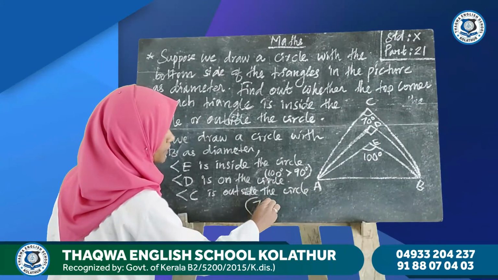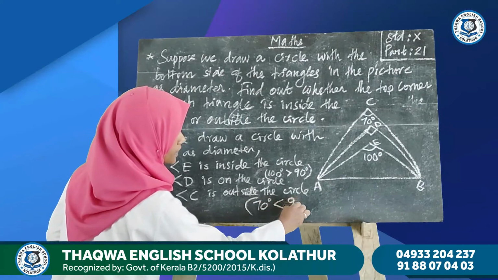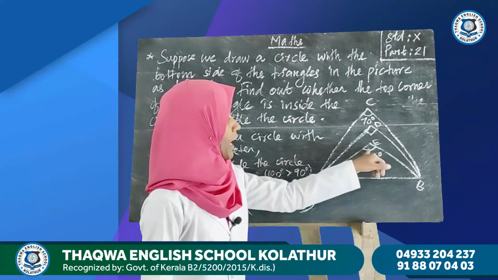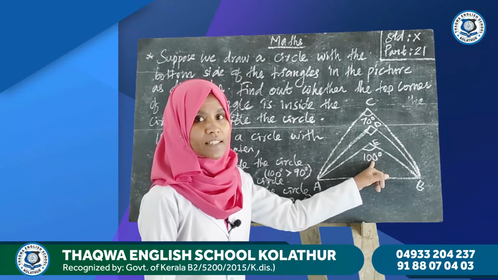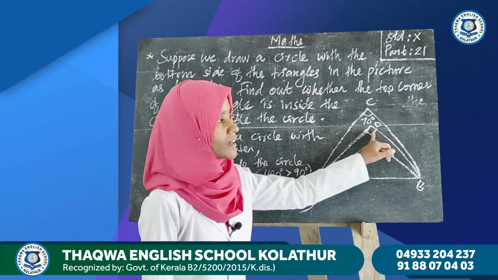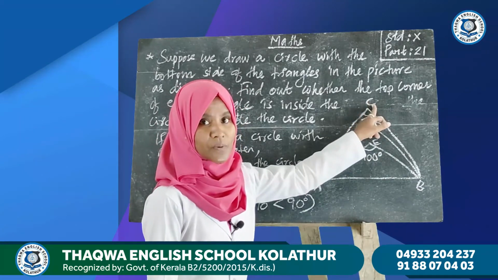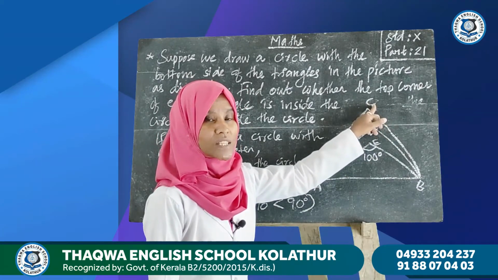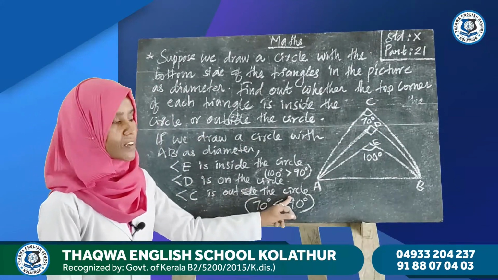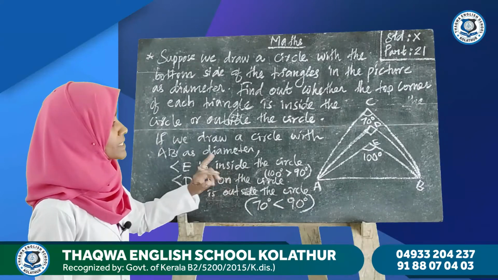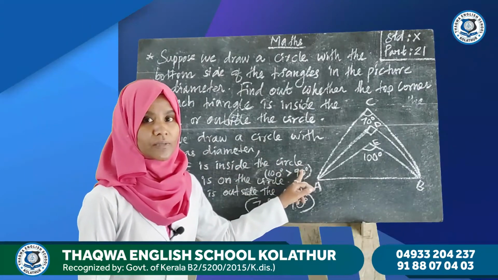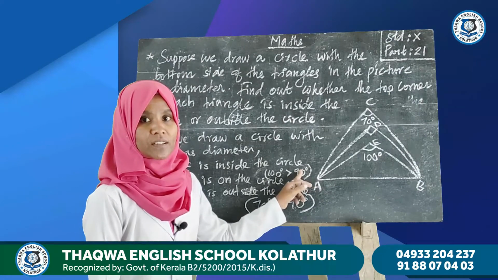Why? 70 degrees is less than 90 degrees. So, angle E is inside the circle, angle D is on the circle, and angle C is outside the circle. Okay, can you understand?